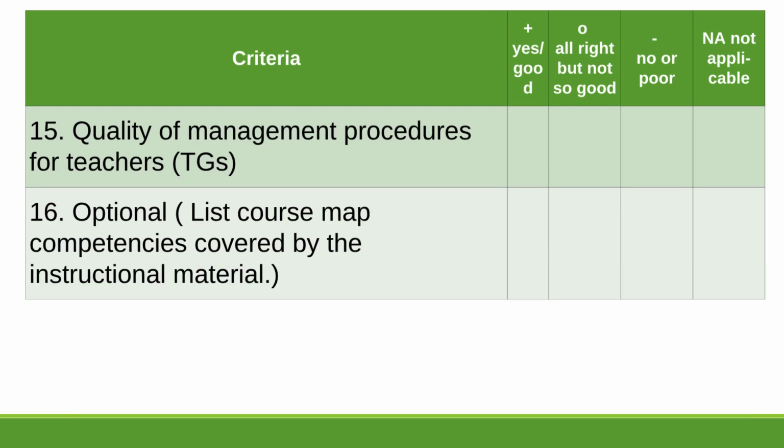Quality of management procedures for teachers, in teachers' guides. Example, are there tips for time management, classroom implementation, or dealing with common student issues? 16. Optional, list course map competencies covered by the instructional material. Example, you can include a table mapping each chapter or unit to specific competencies from the curriculum guide.